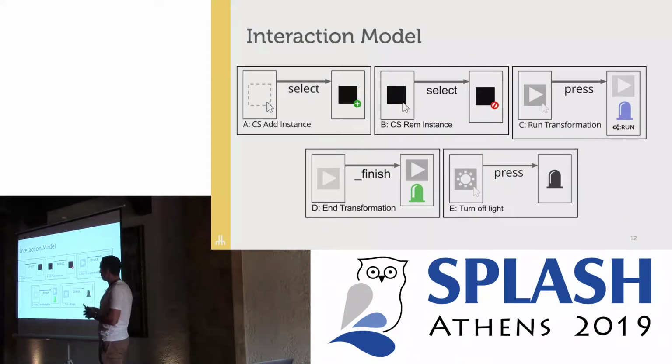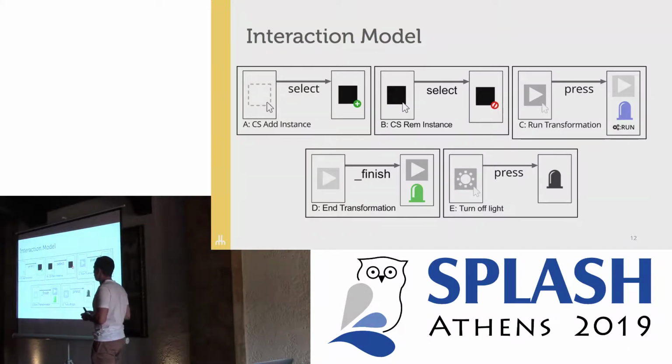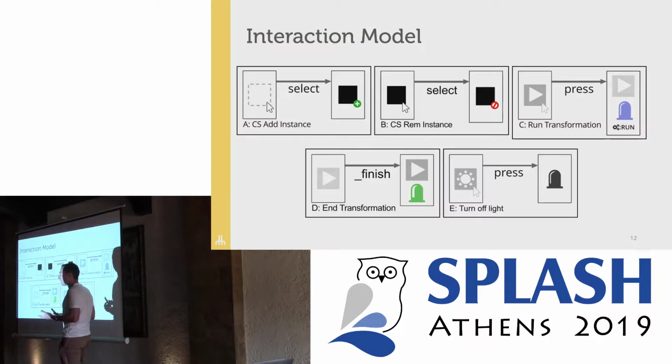So the interaction model, we've used what we call rule-based interactions. They come from the user experience in HCI community, where they have things called trigger actions and event condition actions. So here the rules, what do they say?